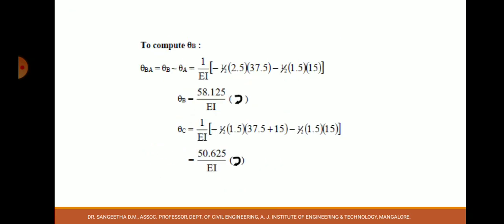See here. When you are taking for theta C, 1 by EI into minus half of 1.5 into 37.5 plus 15 minus half of 1.5 into 15, because here only one of the loads is contributing.